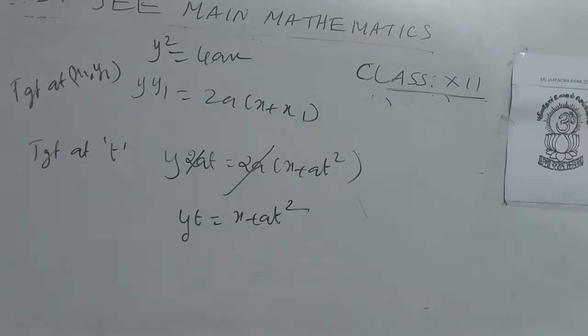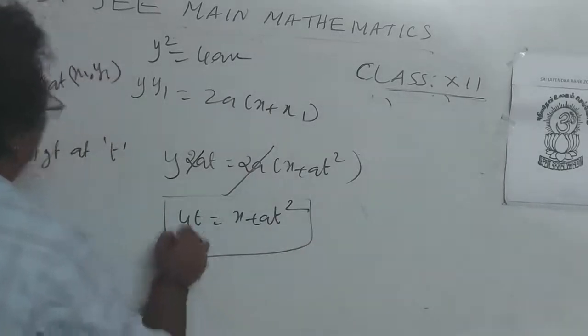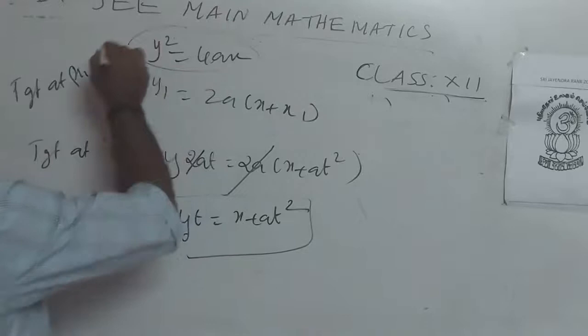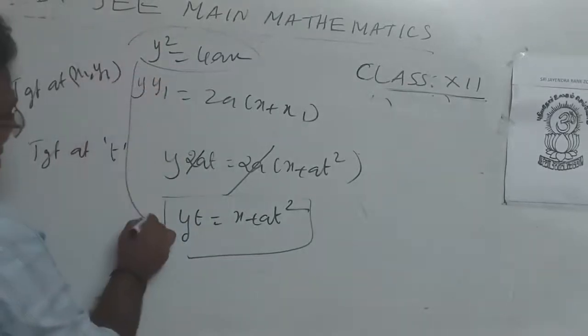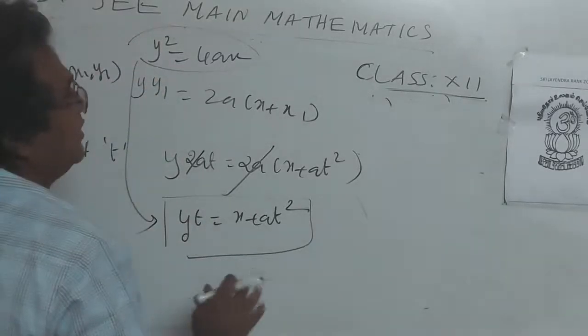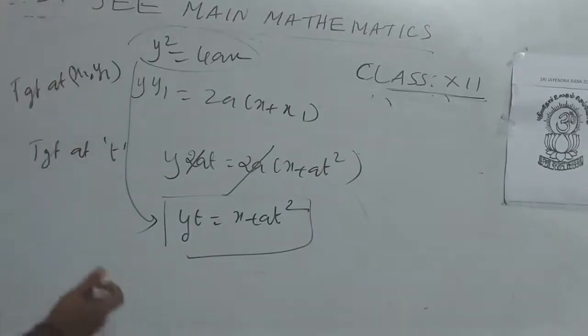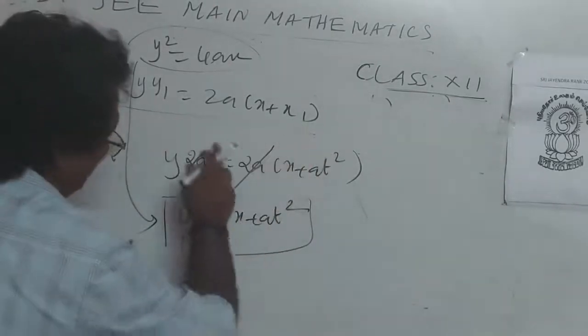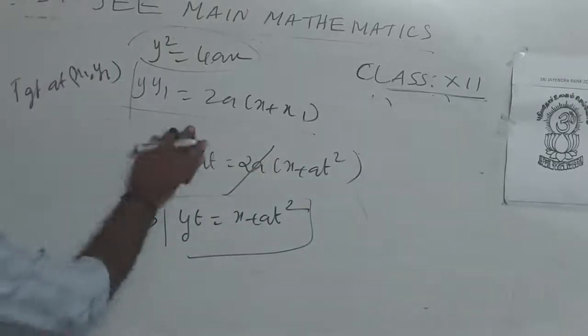That is the equation of tangent at the point t. For y squared equal to 4ax, the tangent at t can be obtained like this. In the same manner you can derive the equation of tangent at the point t from the tangent at x1 comma y1.